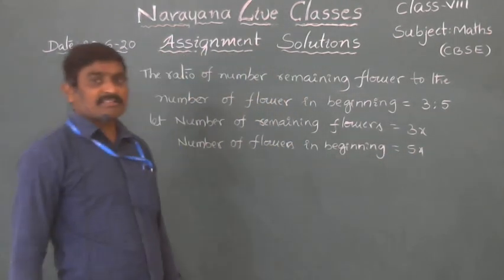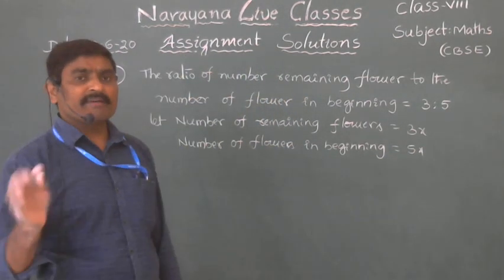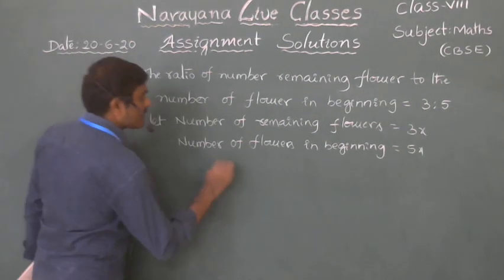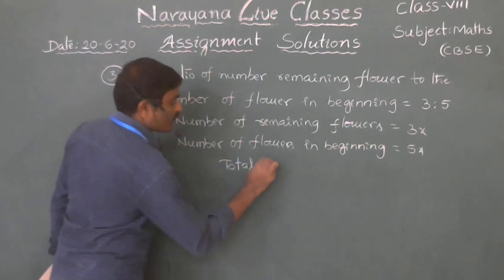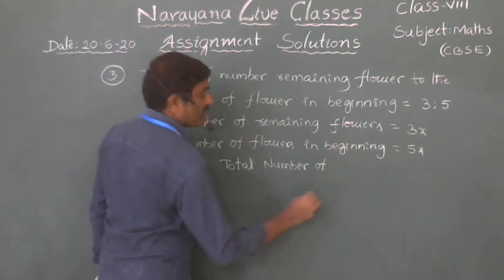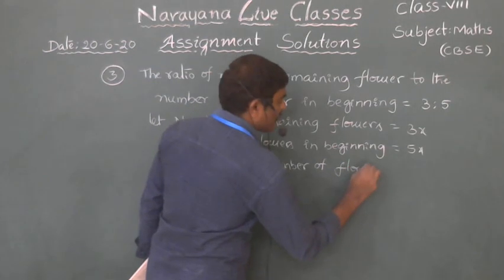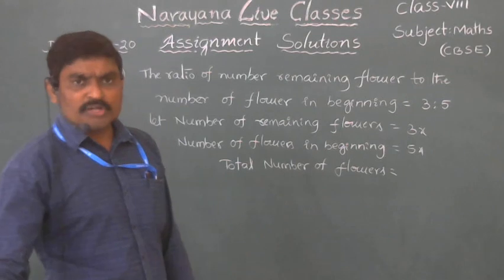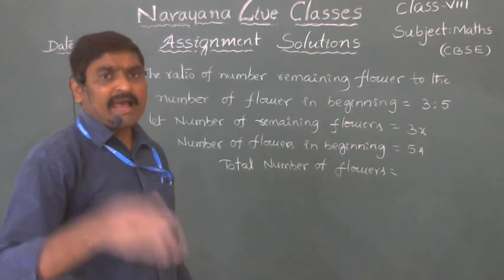But according to the question, Rema has 60 flowers. But what does the total number of flowers mean? Before offering to the temple, Rema had some flowers.